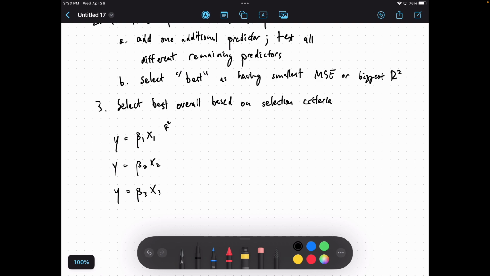And let's say the r squared here is equal to 0.8, r squared equals 0.9, and r squared equals 0.7. So this is step 1. I will pick the model with the best r squared, and then I will use this to proceed to my next step.